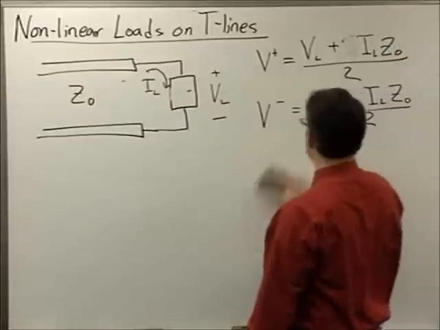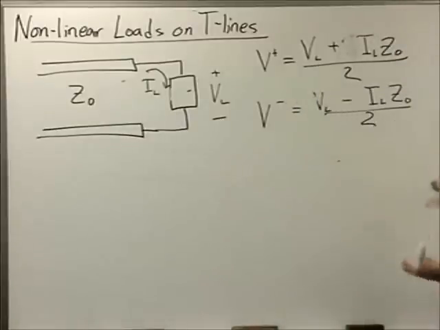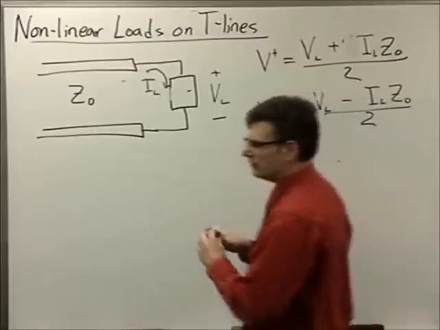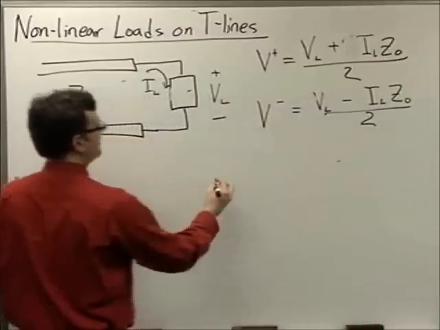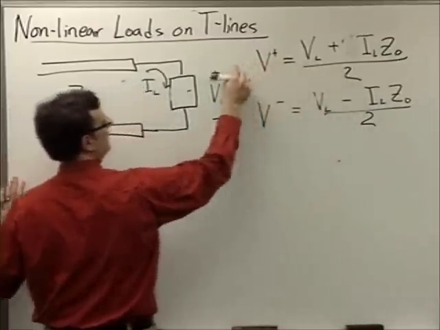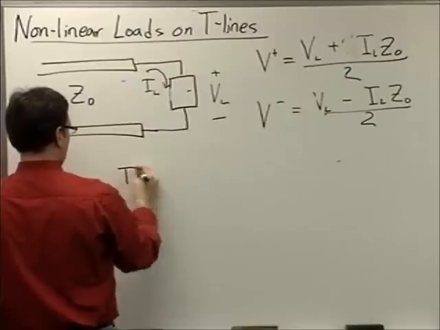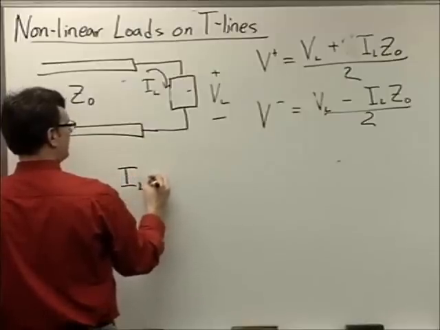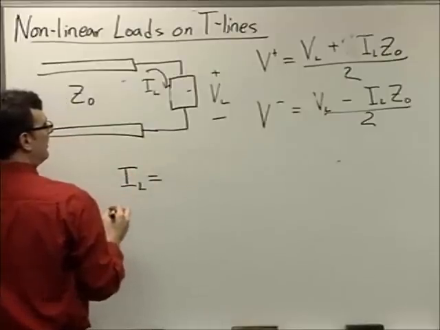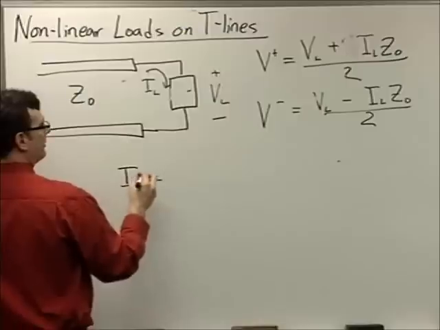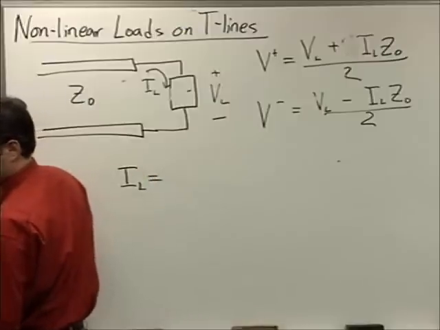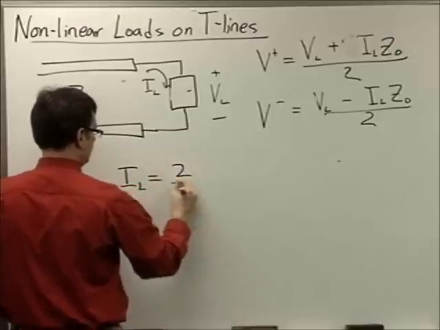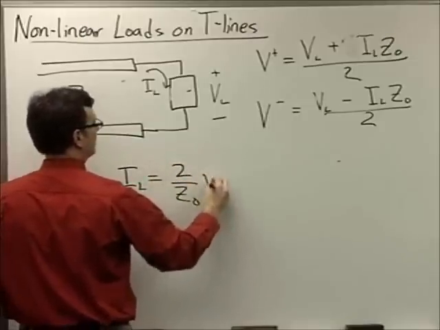And instead, I'm going to rearrange everything so that, let's see, I'm going to take the 2 over to here. I'm going to rearrange it so that I have IL expressed as a function of 2 over Z0 V plus.